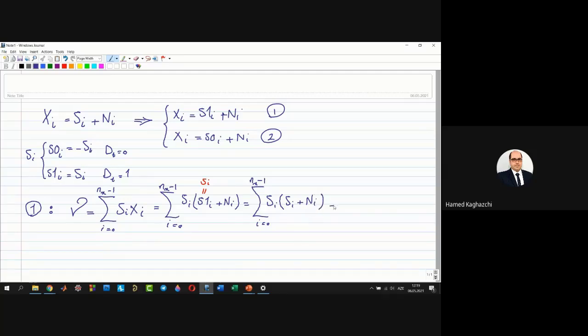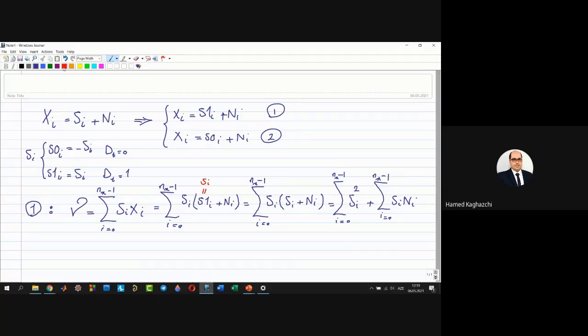So this will be equal to Si squared plus Si Ni, with i from 0 to Nx minus 1.